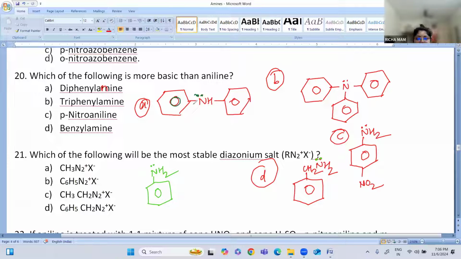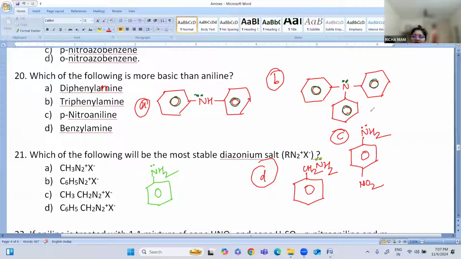Only in the ring, right? The electrons will be delocalized in both the rings. Second one, in how many rings will the electrons delocalize? Three rings. So the electrons will delocalize in the three rings.